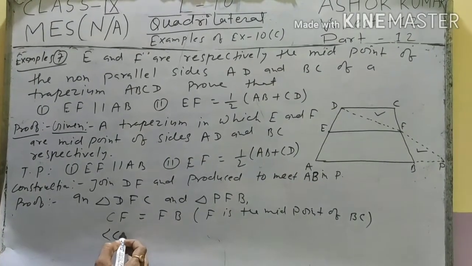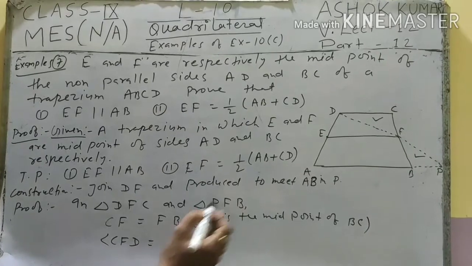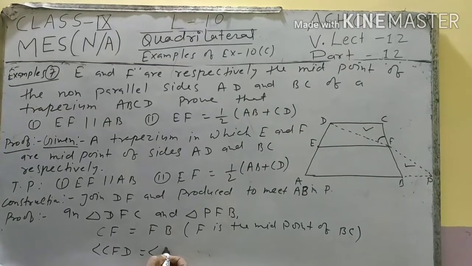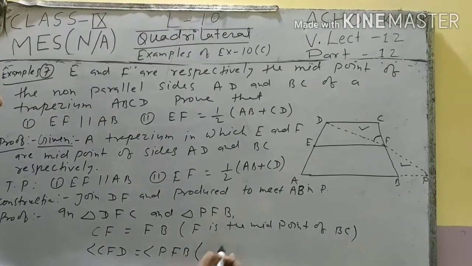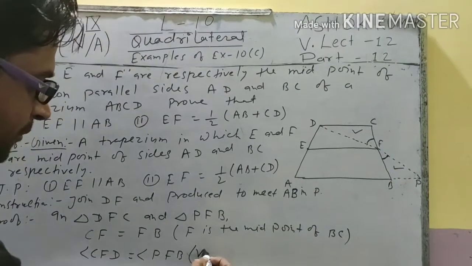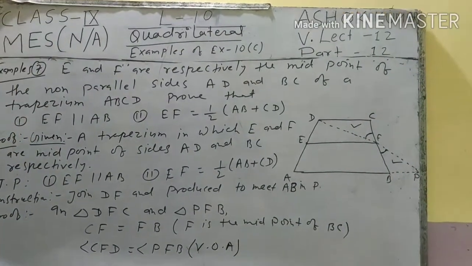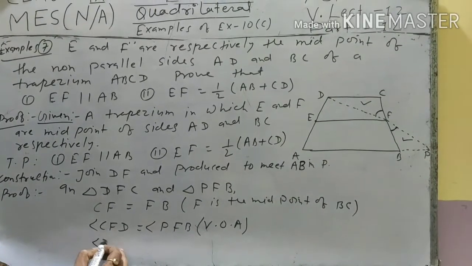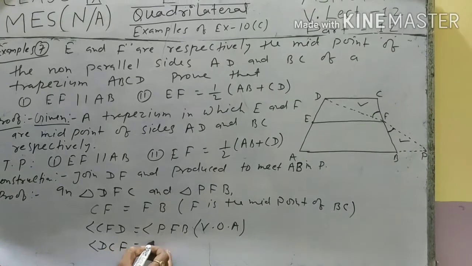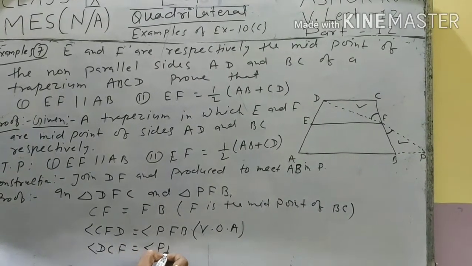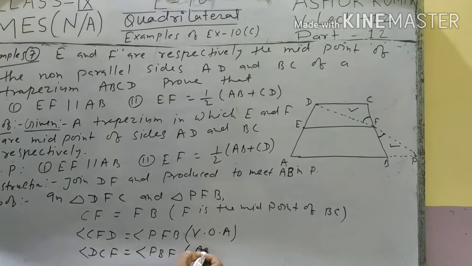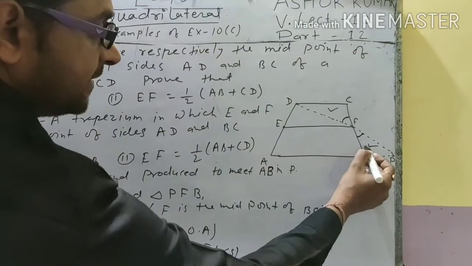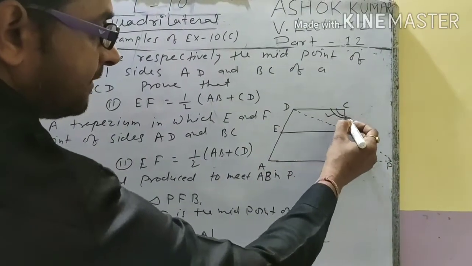Angle CFD is equal to angle PFB, vertically opposite angles, VOA. And the third thing is angle DCF is equal to angle PBF, alternate interior angles. So this angle is equal to this angle.